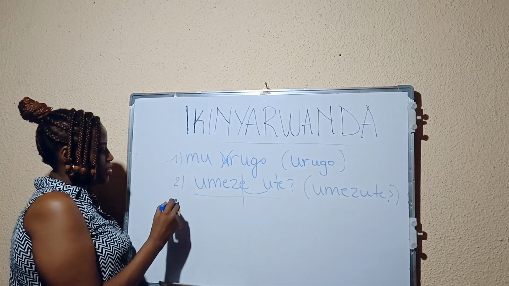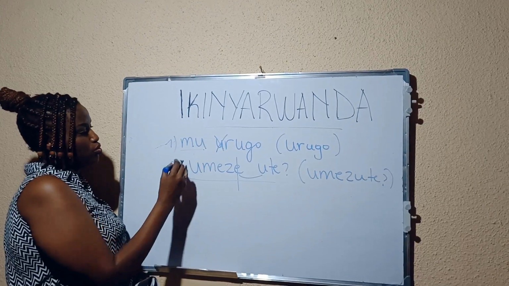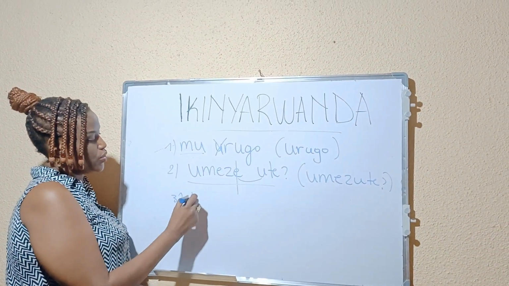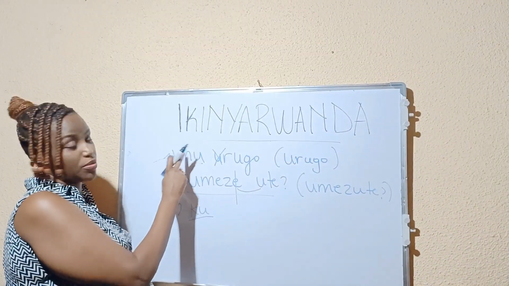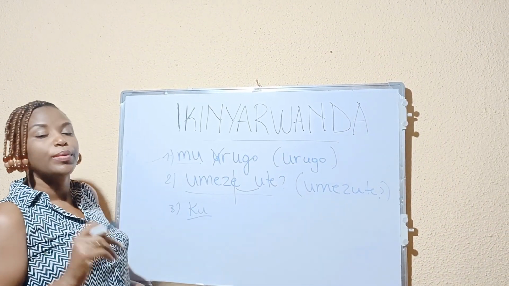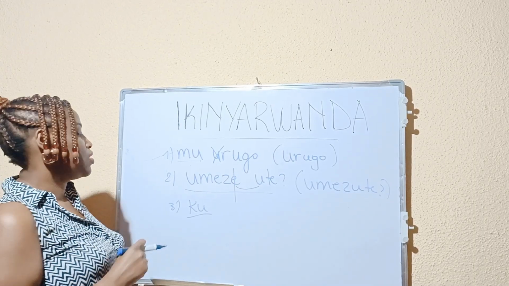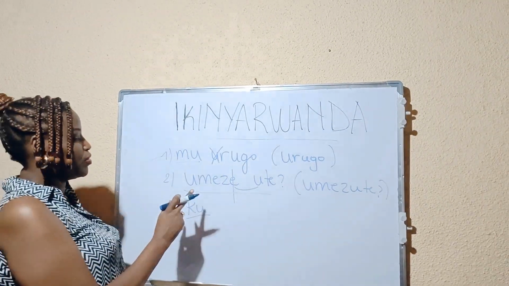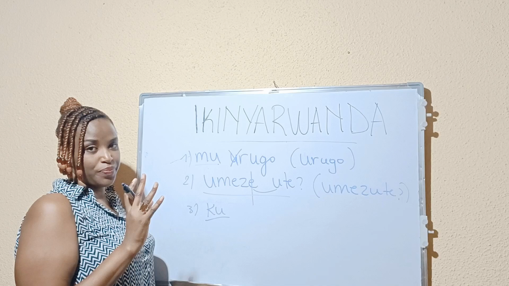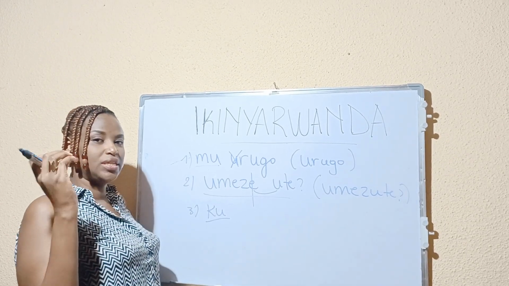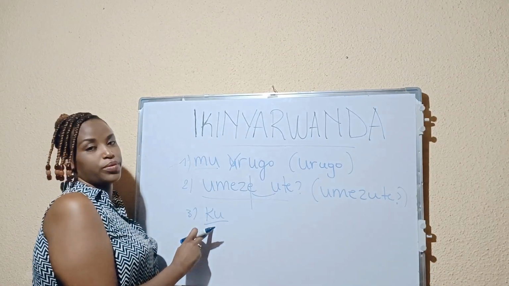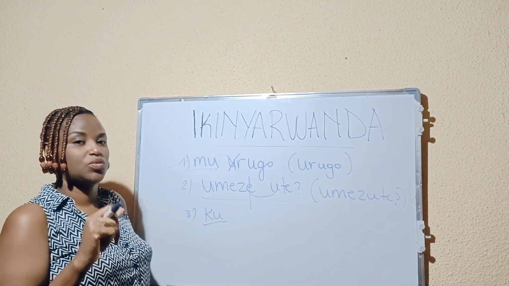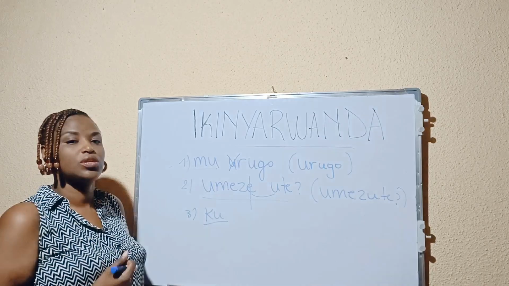Another example: we have mu and we have ku. Ku is the same, a preposition. Ku means at or on. The prepositions in Kinyarwanda can be the same: at, on, and from can be used with mu or ku. We will look at the prepositions when it's time to learn about them.